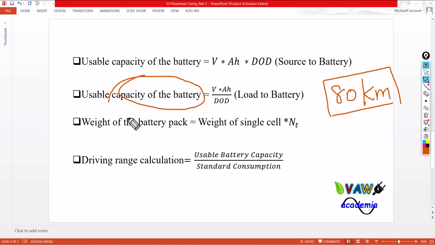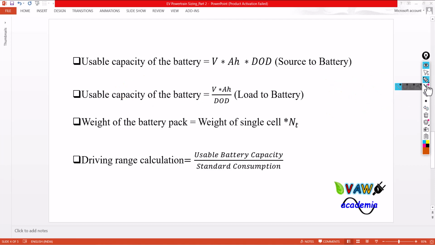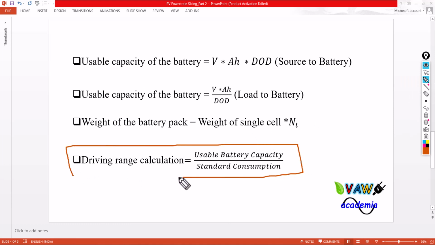So in such a case, that is load to battery, this is the formula: voltage into ampere hour divided by depth of discharge. We should be very careful about the formulas. And you can easily calculate the weight of the battery pack, that is the weight of a single cell into the total number of cells. At last, you can calculate the driving range. What is the range given by the battery?